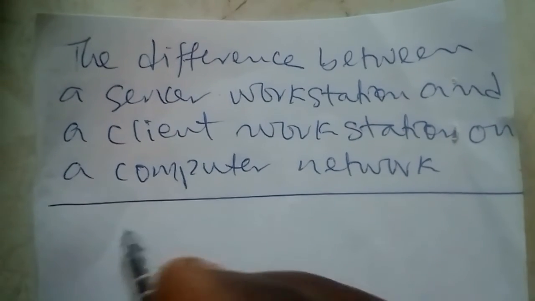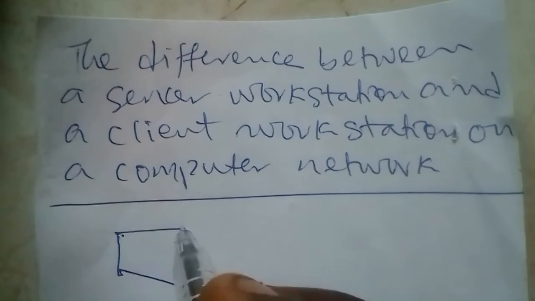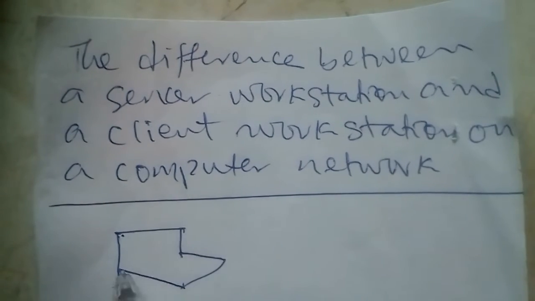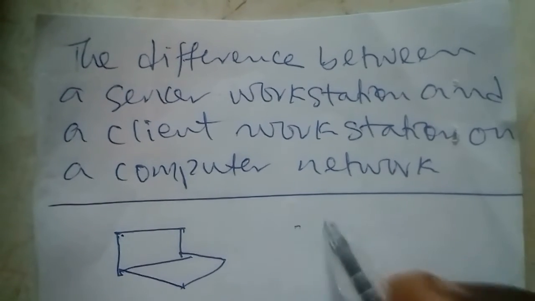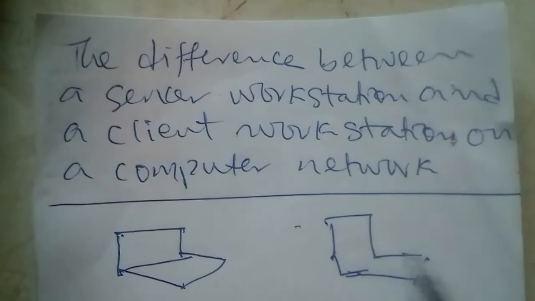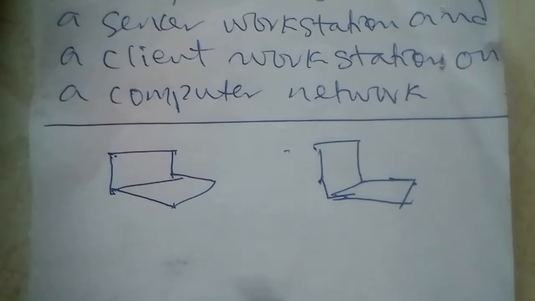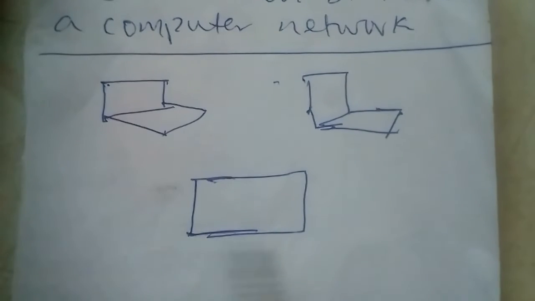Now let's have our diagram as usual. Please pardon me. It's just for explanation's sake, my diagram might be somehow off, but I believe you understand what I am doing.